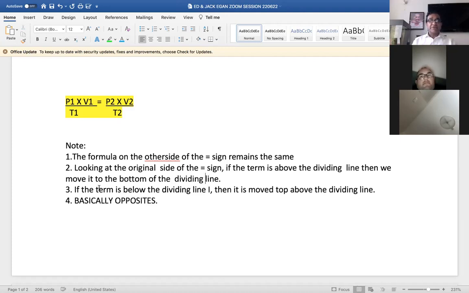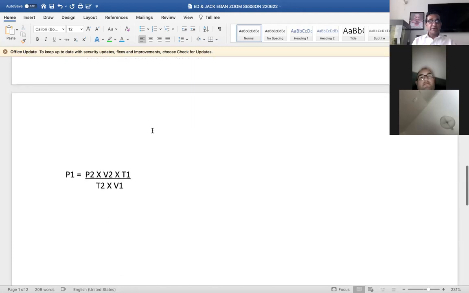If the term is below the dividing line, it goes to the opposing side, which is the top. Is that actually it then? That's the case for all algebraic sums. That's the trick.